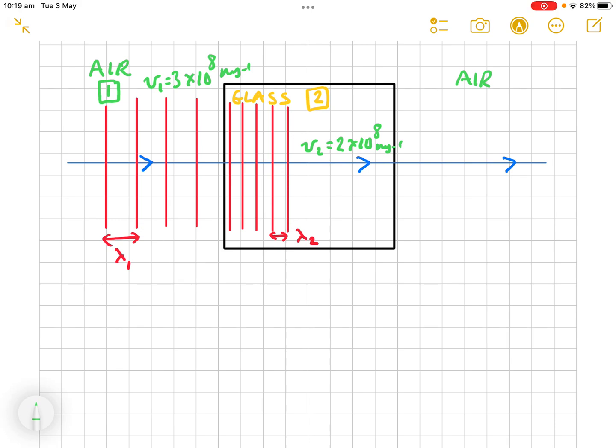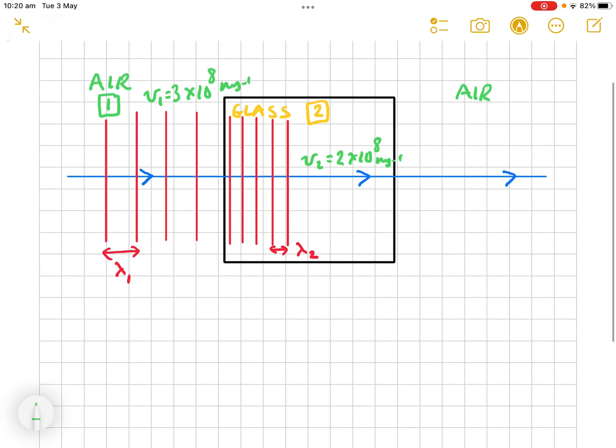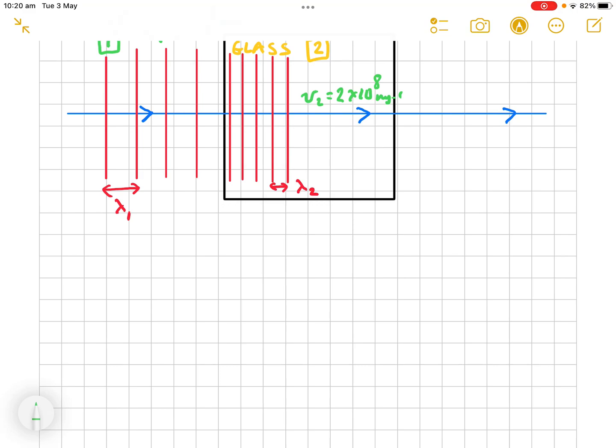So there's a reduction in speed in the more optically dense medium. And then it returns to the 3 times 10 to the 8 when you come back out into the air again. And similarly, the wavelength goes back up when you come out into the air. So we've got these two changes in the properties of the light as it passes from air into glass.